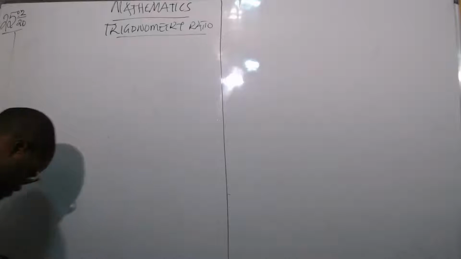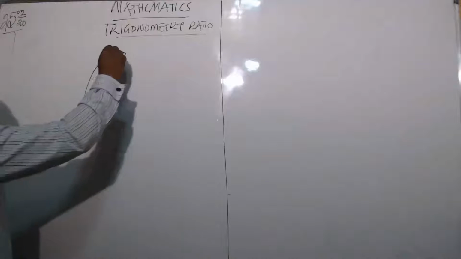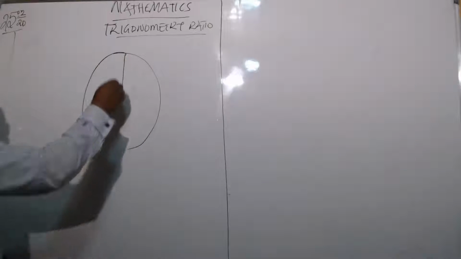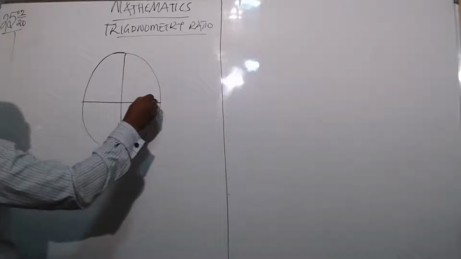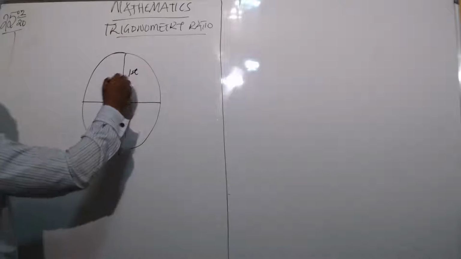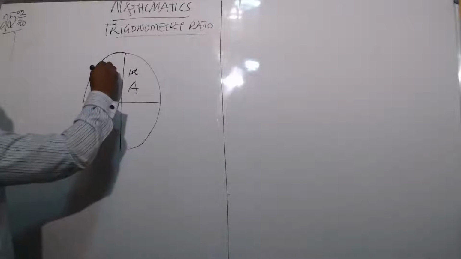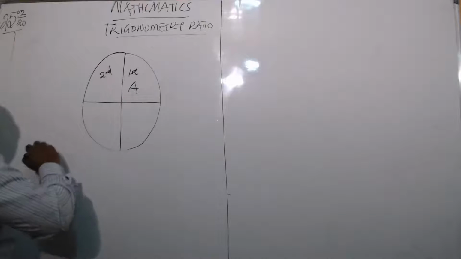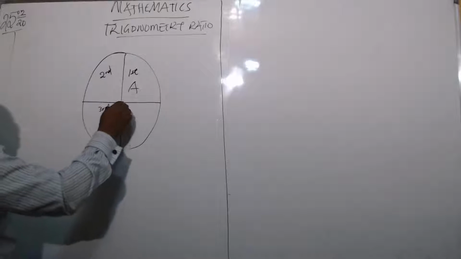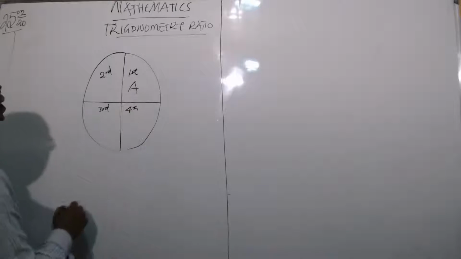For example, let's look at this. We have what we call the quadrants. This is the first quadrant. This is the second quadrant. This is the third, and this is the fourth quadrant.